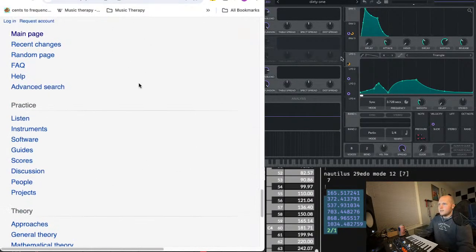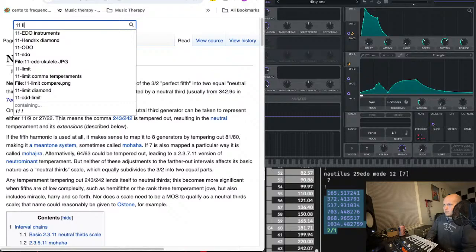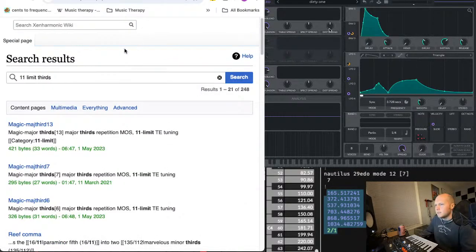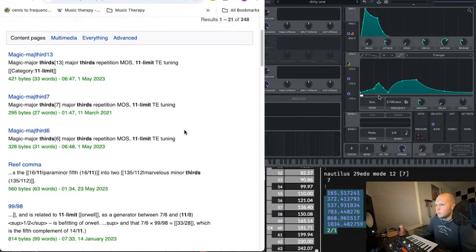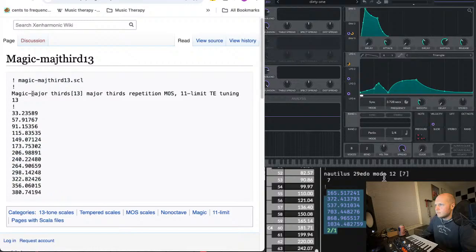So much of this stuff is 11 limit. If I look up 11 limit thirds, it's going to pop up. Does 11 limit have thirds? Yeah, sure does. What's an 11-9? Is that not a third? Maybe that's a super major second. 264.